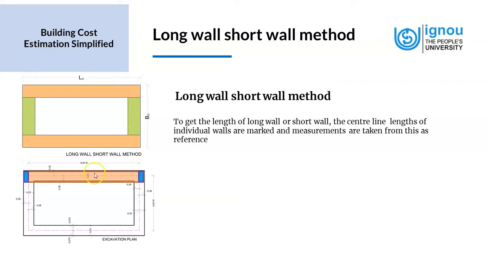The center line is a line that is running through the center of the wall. It's an imaginary line, and we refer to this in a plan, and in a plan which is symmetrical, and in a foundation which is symmetrical, which means that the center line of the wall, the center line of the plinth and the foundation are all the same.